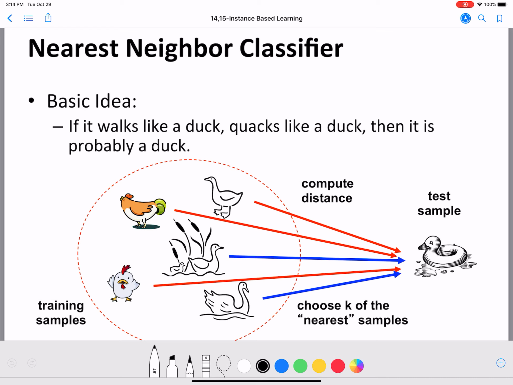And now in that feature space, we are going to plot the new data point that we have for the test sample. And then we are going to observe how near it is to different kinds of data points. Suppose we have other kinds of birds in our sample, we are going to compute the distance from each of these samples to our test sample, which is a duck.